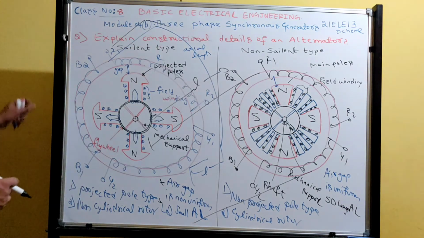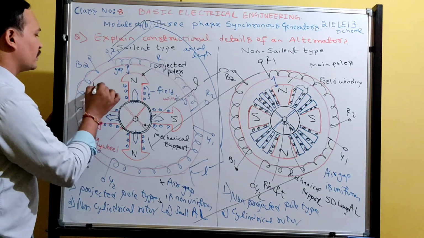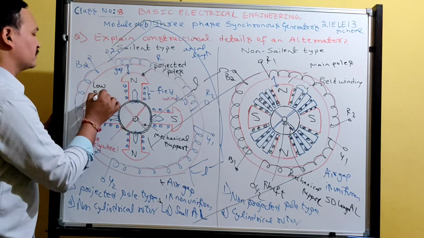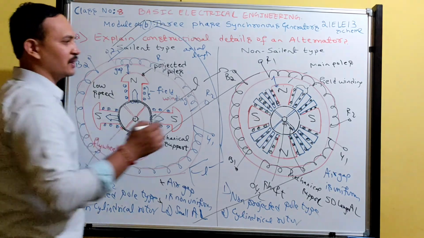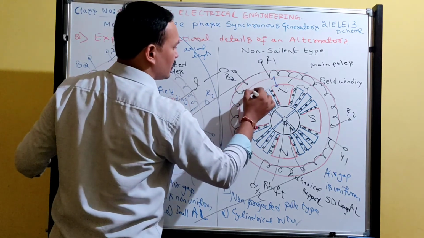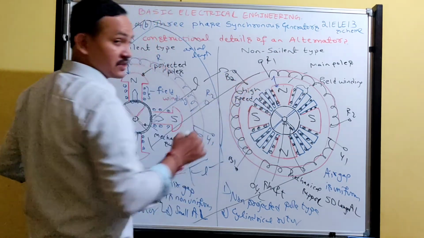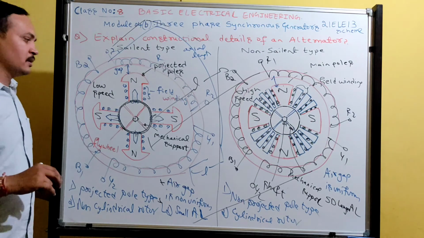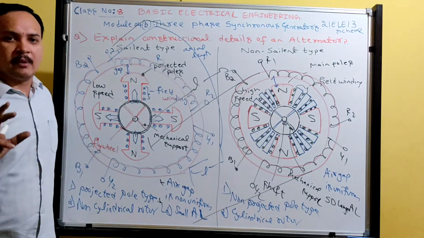Next, salient pole type alternator is also called low speed alternator. This type of alternator is used in low speed application, and the non-salient pole type alternator is used in high speed application. Example for low speed alternator: all hydro turbines.